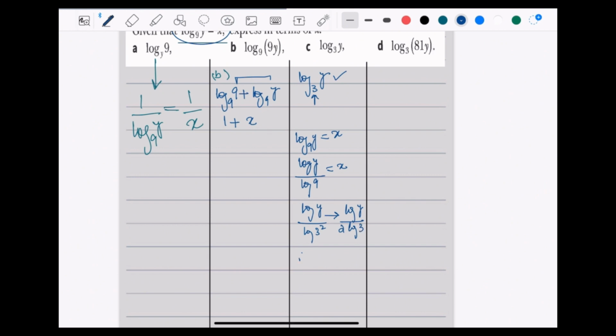Now writing that again, so 1 over 2 times log y over log 3 is equal to x.